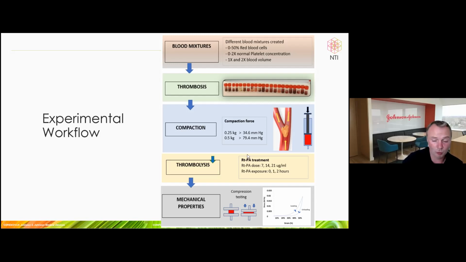And we also weighed the clots throughout this whole process, so we can get a measure of what the size of the clots is, depending on the different composition and depending on the mechanical loading applied to them. And then after the TPA had time to do its job to reduce the clots by degrading fibrin.